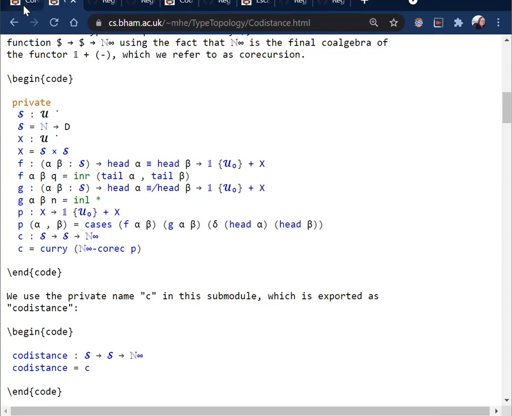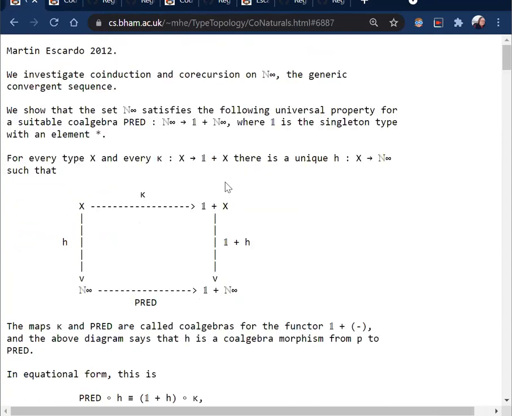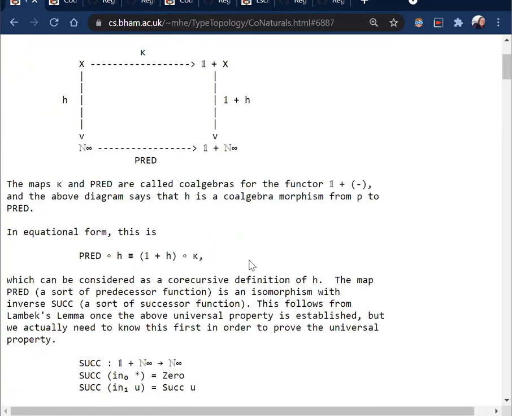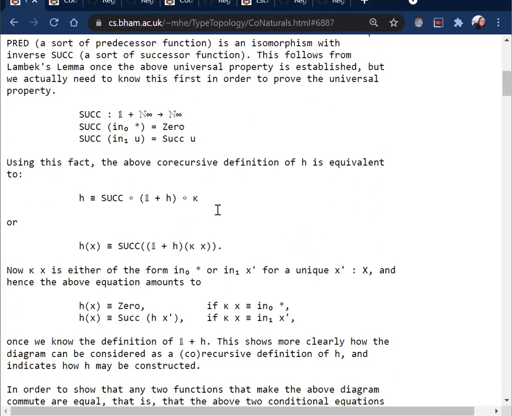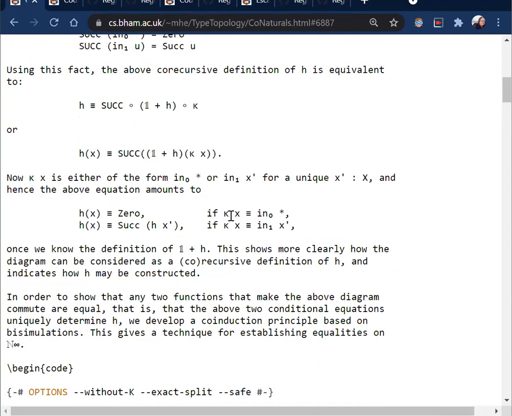And what we do is we use the co-recursion property on that function to define the codistance. So if we look down here, remember that our kappa is the comparison operation on this ticking clock sort of system. If the clock stops, then we give back an infinite number of zeros, or 0. And if the clock keeps ticking, then we perform the operation again on the tail of the sequences, and we get a successor.